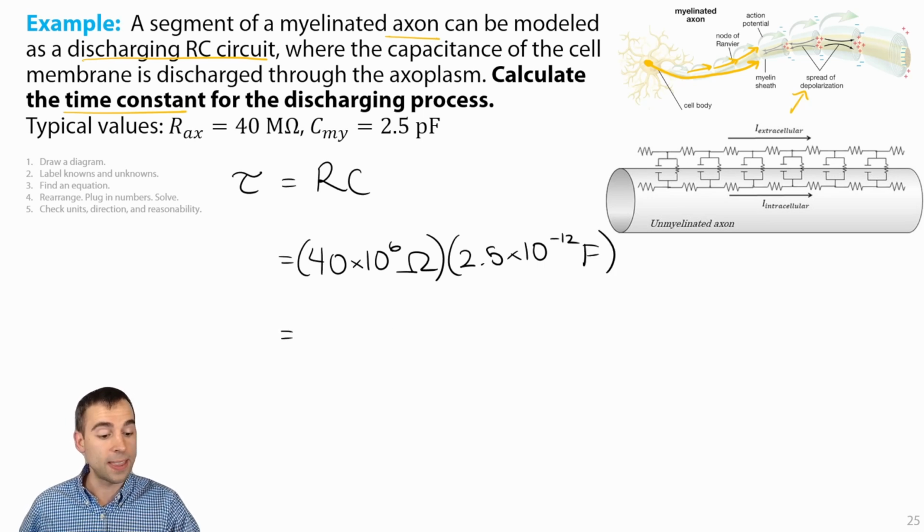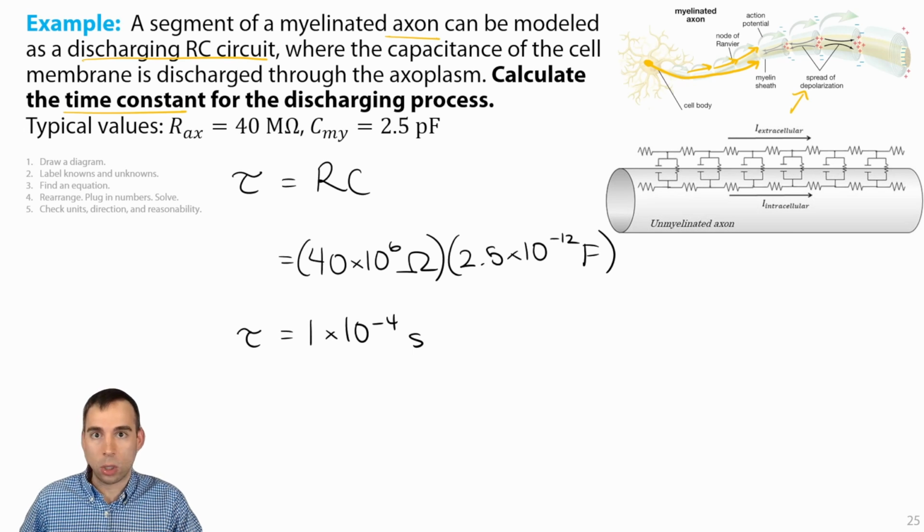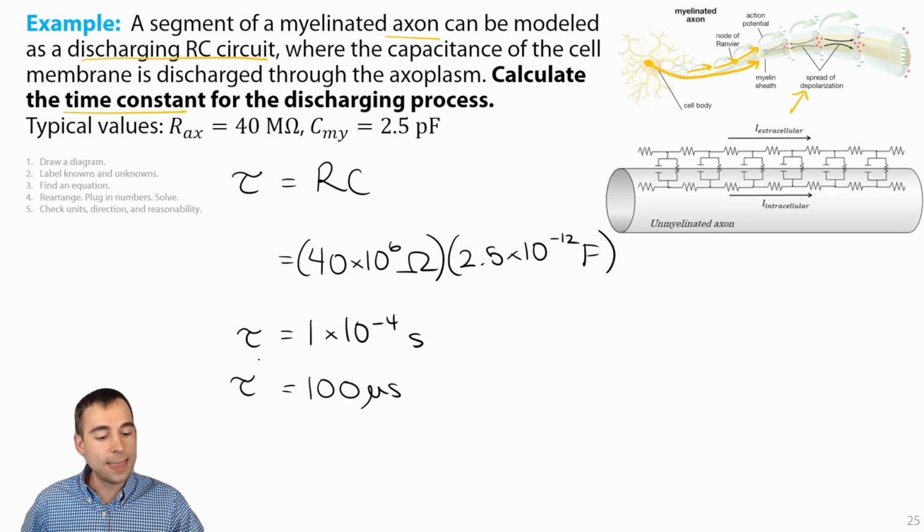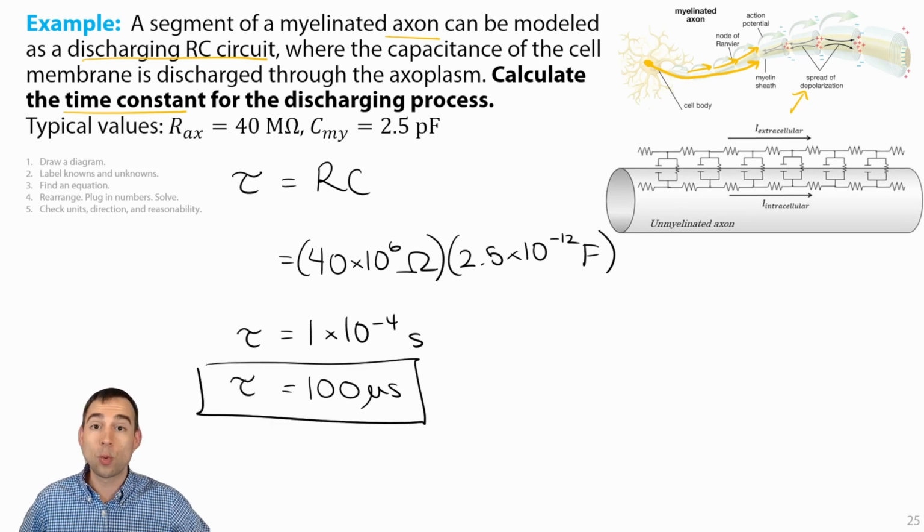And when we multiply this together, we end up getting tau equal to 1 times 10 to the minus 4 seconds. If we wanted to make that into more of a useful time scale, that'd be like 0.1 milliseconds, or perhaps something more like 100 microseconds. And this is a time scale that seems reasonable for certain biological functions.